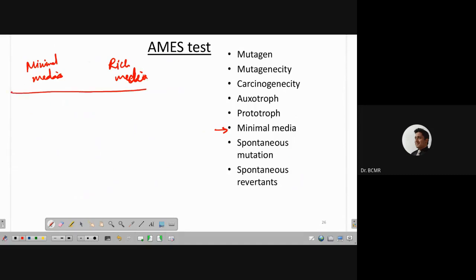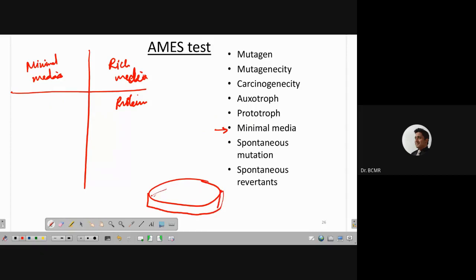In rich medium, we provide proteins. Medium here is for when we want to grow bacteria in the lab. We will make petri plates.